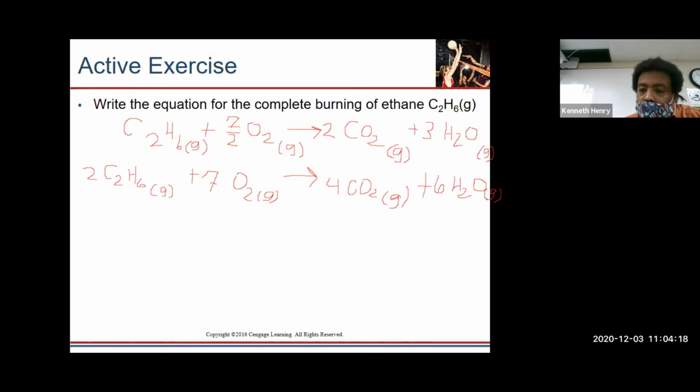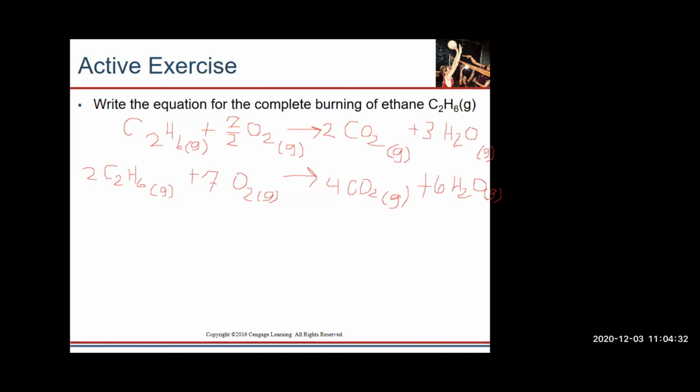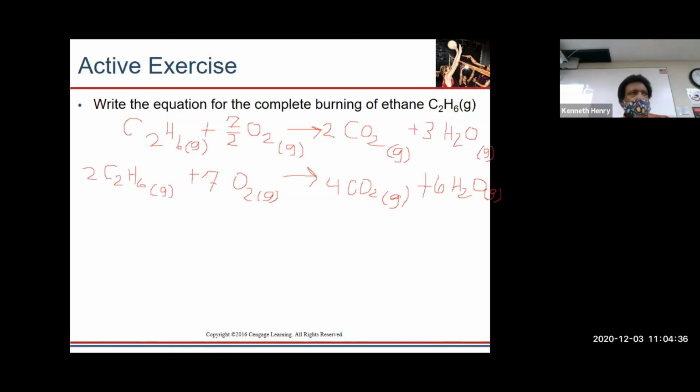Yes, that's right. Fires always require oxygen. So anytime you're burning a hydrocarbon, you always need oxygen. If you have no oxygen, it doesn't burn. Do you guys have candles, right?